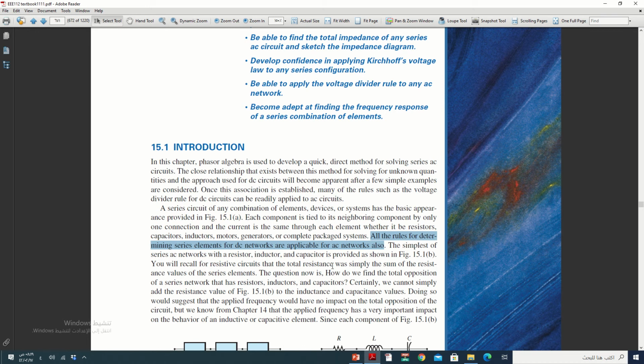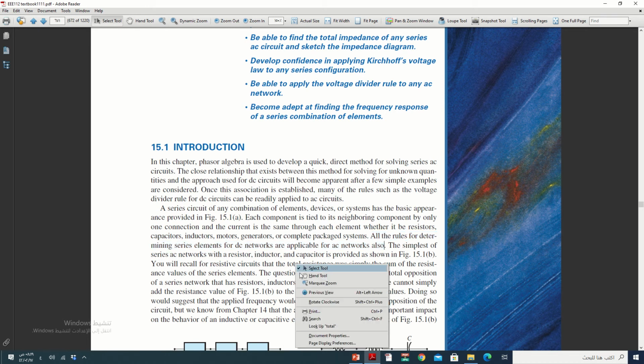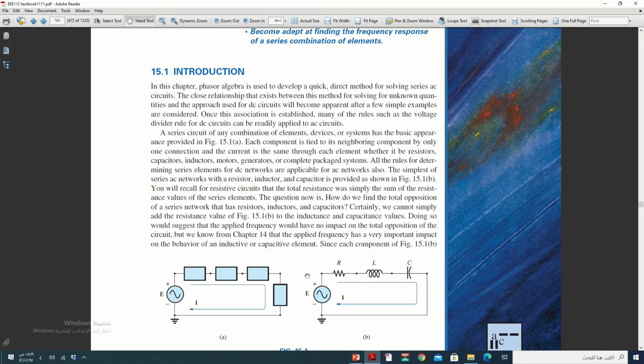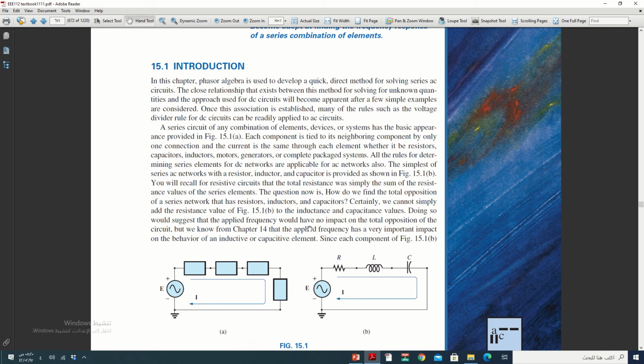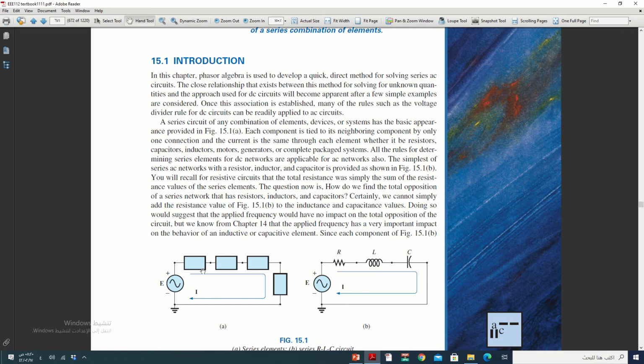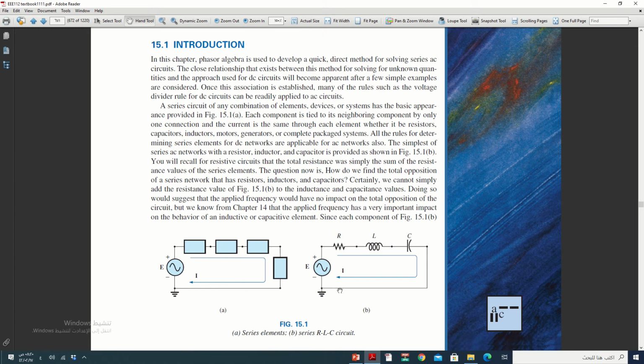All these current divider, voltage divider rules, and all other rules will be applied in AC circuits. A series circuit like this, we can make it square like this, or we can put the elements resistor, inductor, capacitor.